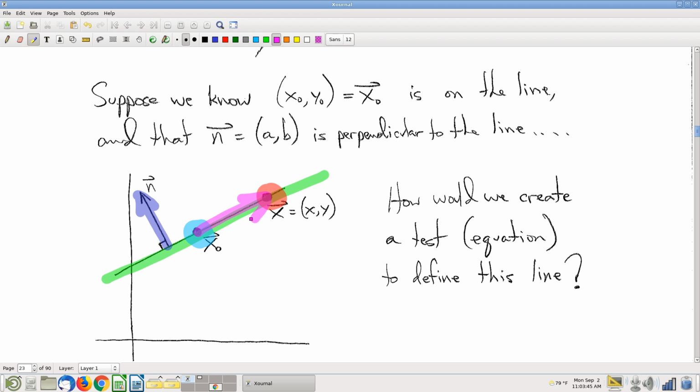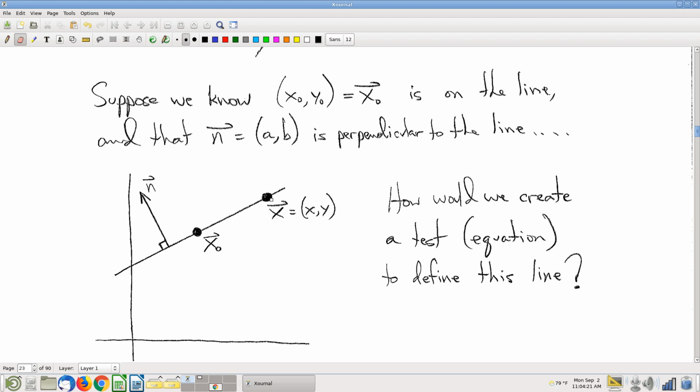Geometric appeal: if the point is on the line, then x minus x naught is parallel to the line. Whereas if the point is not on the line, then x minus x naught is not parallel to the line. So this purple vector here, x minus x naught, whether it is or is not parallel to the line, is simultaneous with whether that point x is or is not on the line.